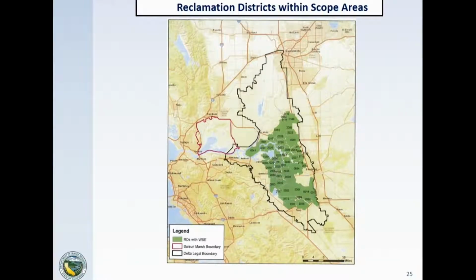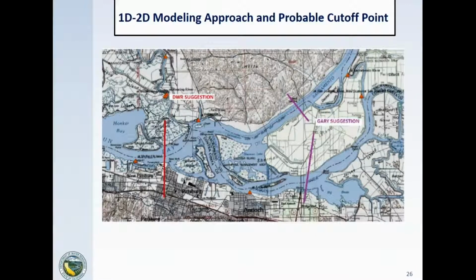So we can generate a 1D model in the Delta domain, and a 2D mesh in the Suisun Marsh and in the Bay. That is going to reduce the effort. Gary Brunner suggested having a cutoff point at Sherman Island, where we have only Sacramento and San Joaquin. Whereas if we go down, we have a lot of tributaries coming down from the south side.